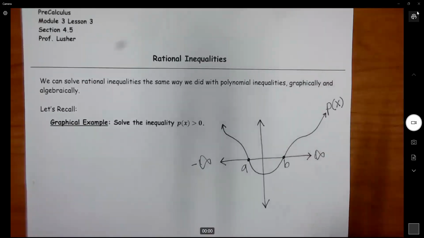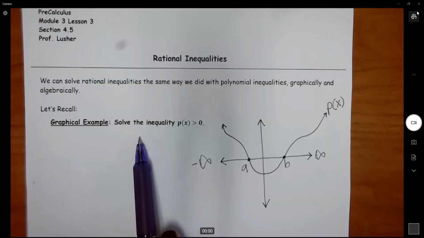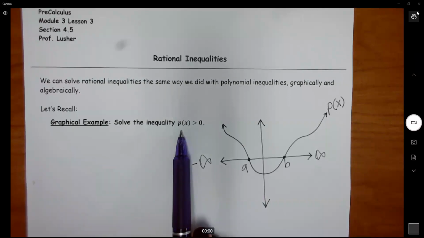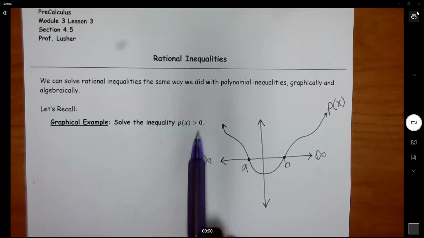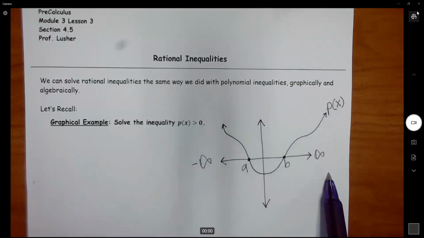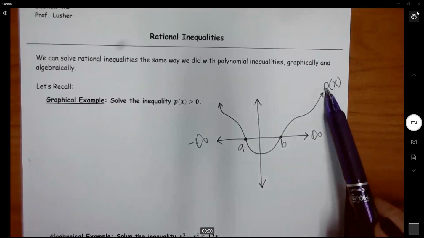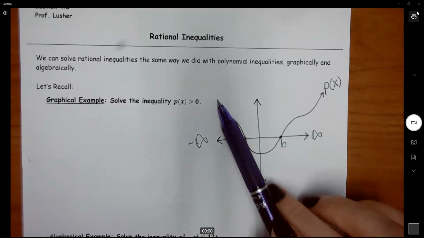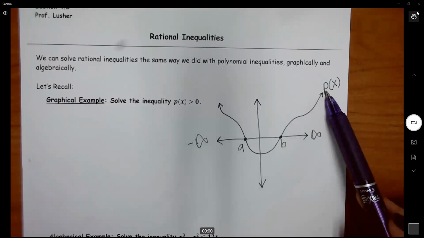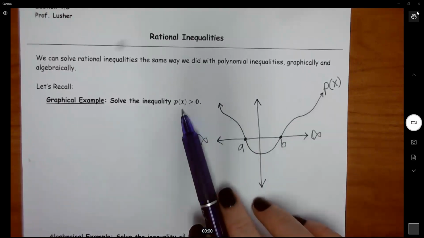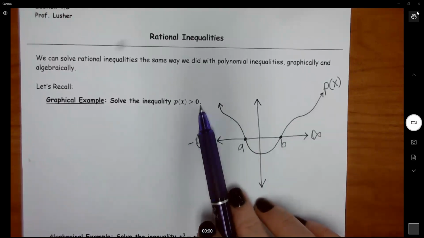So let's recall a graphic example when we solve the inequality P of x is greater than 0. Take a moment to pause the video and copy this down. Here is my polynomial function. Here's its graph, whatever it may be. And I want to know when P of x is greater than 0.